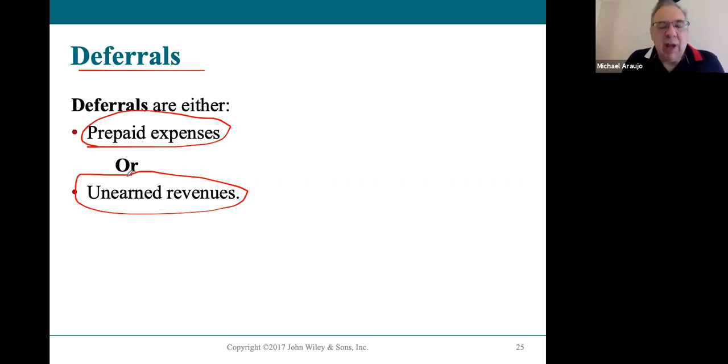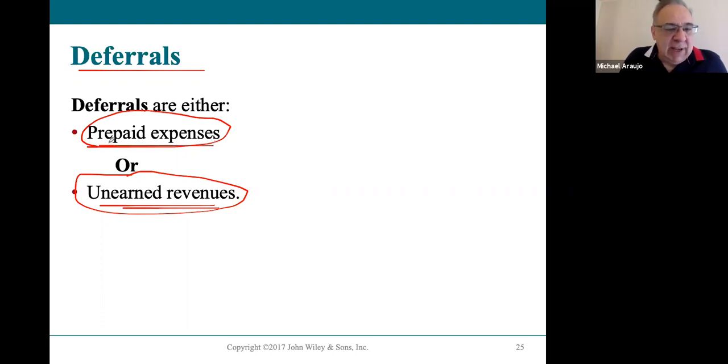Unearned service revenue means we owe the client something they paid for. But what happens after we deliver, right? After we give them the good or service that they paid for, it's no longer unearned. It's actually earned, which means it no longer belongs on the balance sheet. It belongs on the income statement.